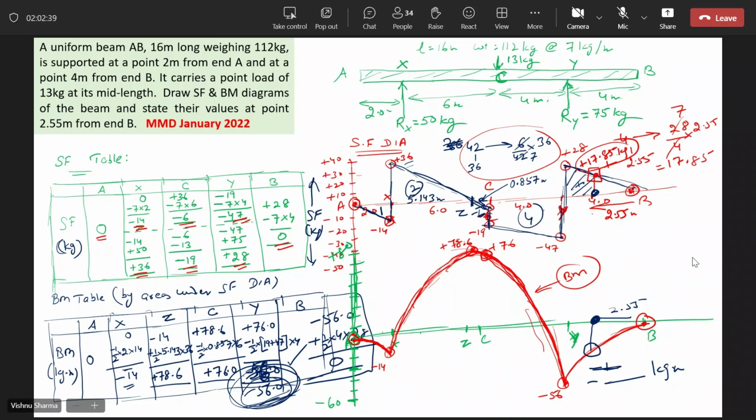So from minus 56 to that point, what is the change? Plus the area of this trapezium, whose one side is plus 28, other side is plus 17.5. The distance between them is 4 minus 2.55. Can you obtain the accurate value?